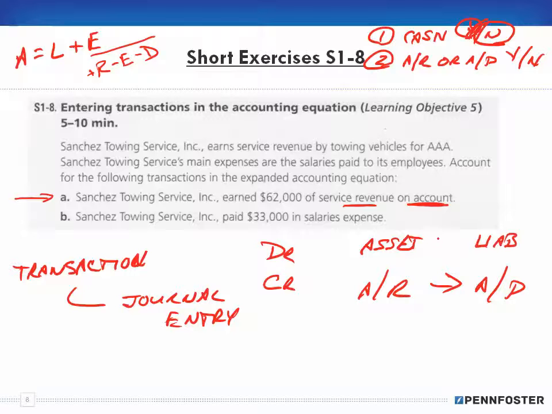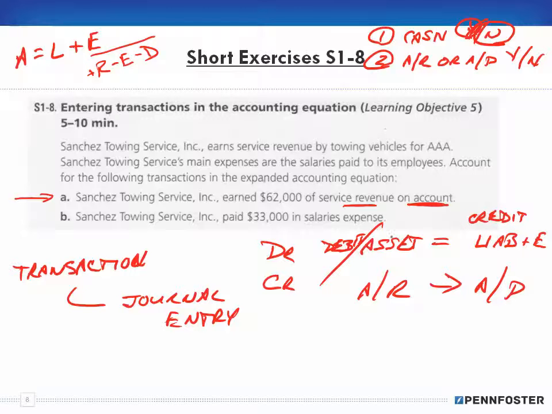If you recall from the previous videos, the accounting equation is assets equal liabilities plus equity, right? And the normal balance of an asset is a debit. Why? Because it's on the left. And what's the normal balance of a liability and an equity account? They're credits, because they're on the right.